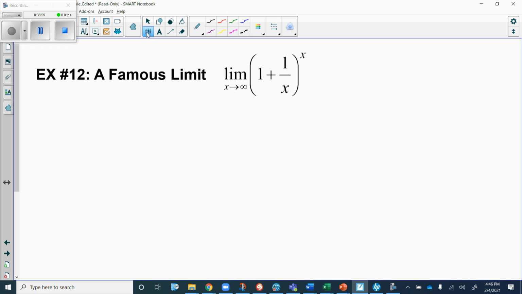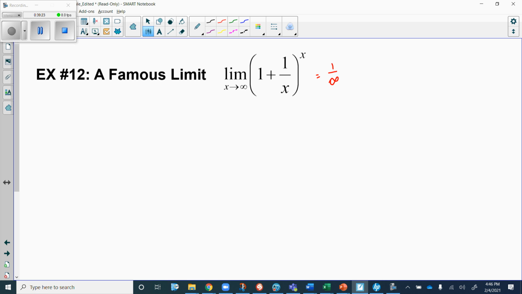So here, if you just do direct substitution, you're going to wind up with 1 over infinity. So this is how we're going to take a look at this to resolve it.